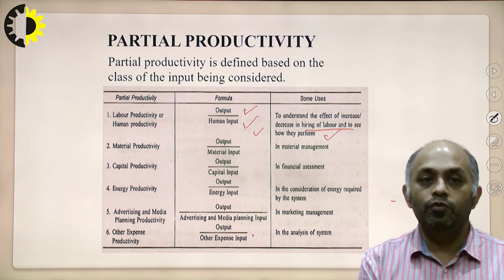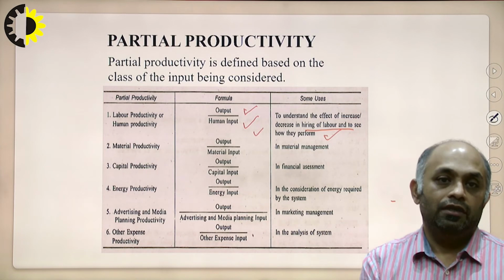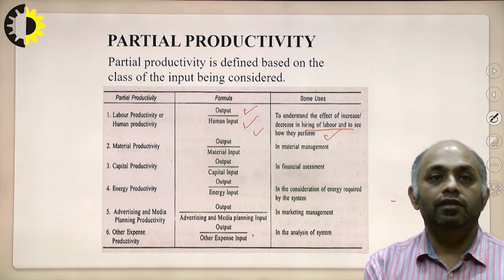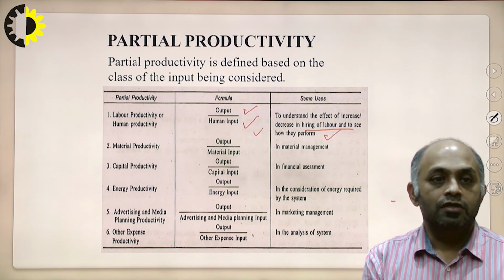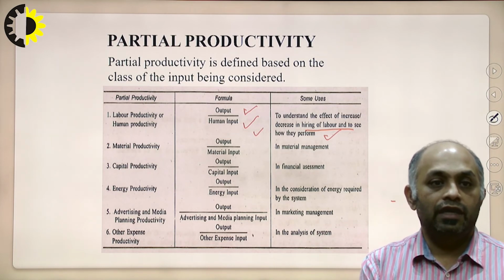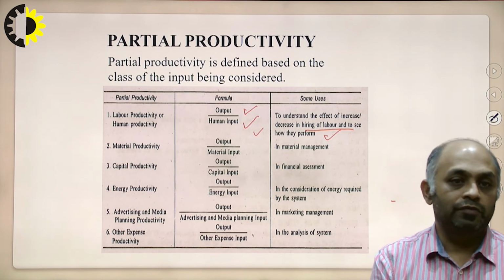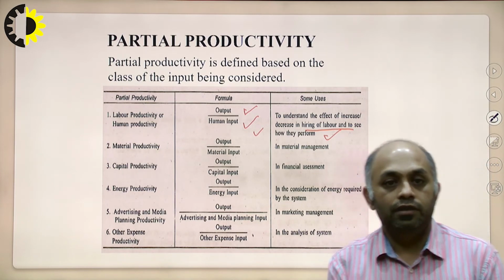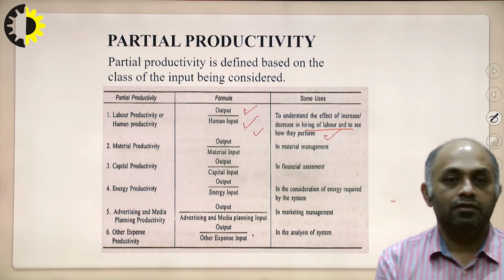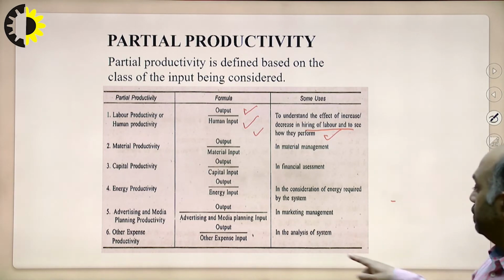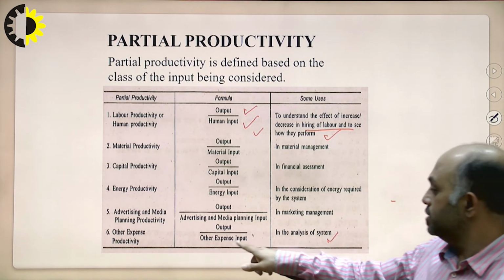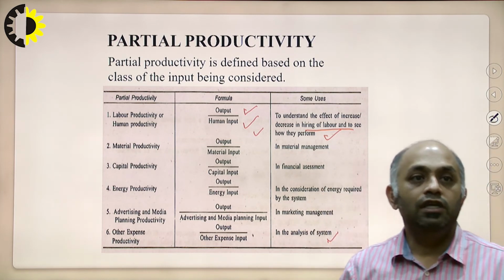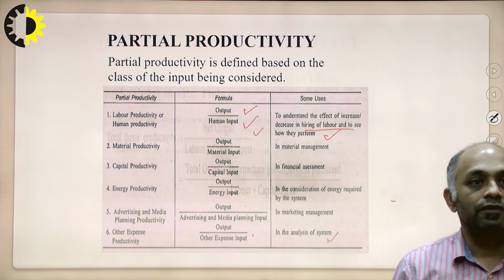So when the output comes up, we must divide it by the input so that the index can be easily calculated, right? Then other expenses productivity can also be taken up, so output by other expense inputs, right? So in the analysis of the system, other expense input can be taken up, and like this we can easily find out the partial productivity aspect.